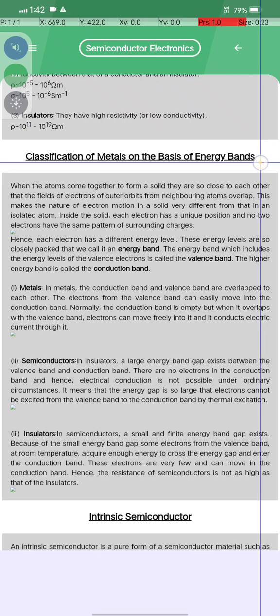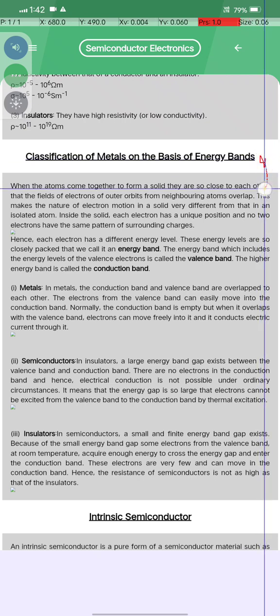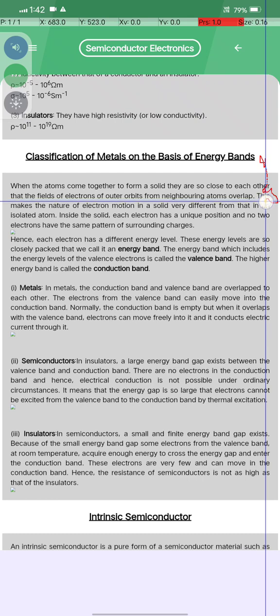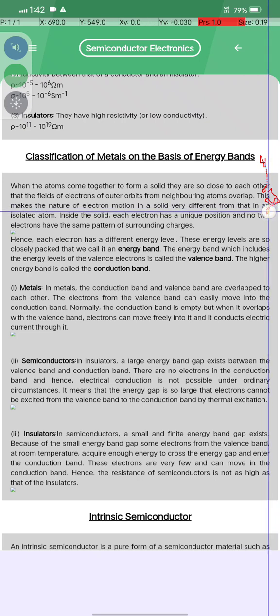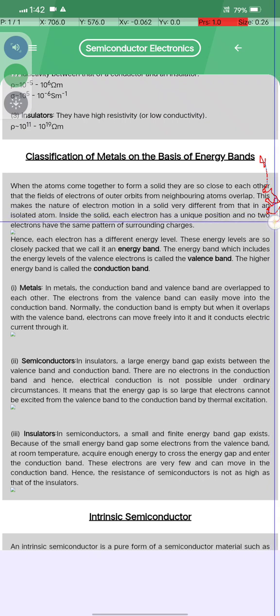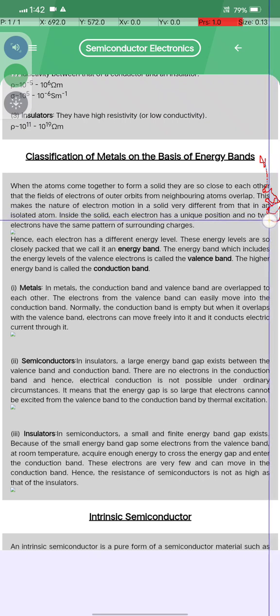Classification of metal on the basis of energy bands. When atoms come together to form a solid, they are close to each other and the outer orbits of electrons of neighboring atoms overlap, which makes the motion of electrons in a solid very different from that in an isolated atom.